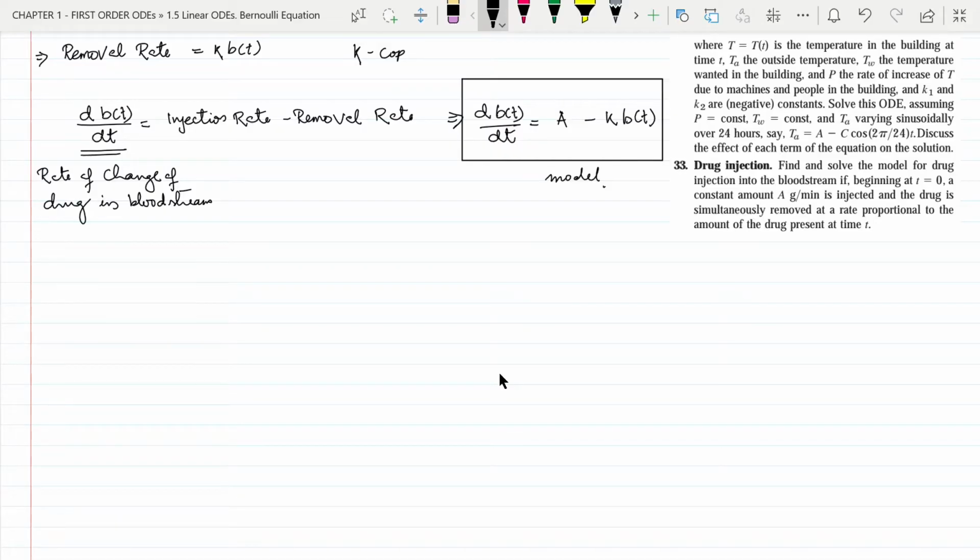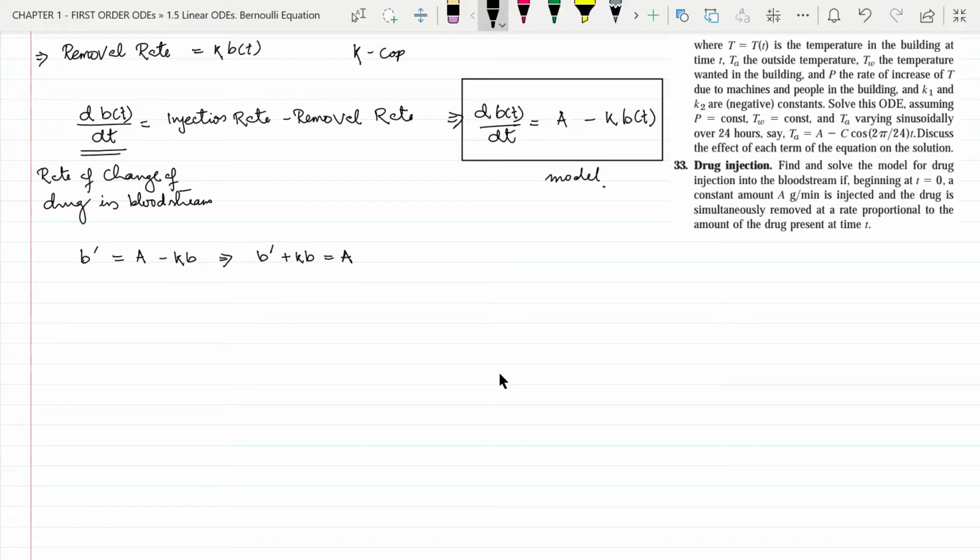So let us rewrite this differential equation, which is b dash equal to a minus kb, which implies b dash plus kb equal to a.